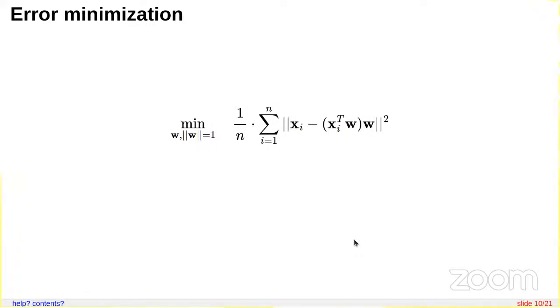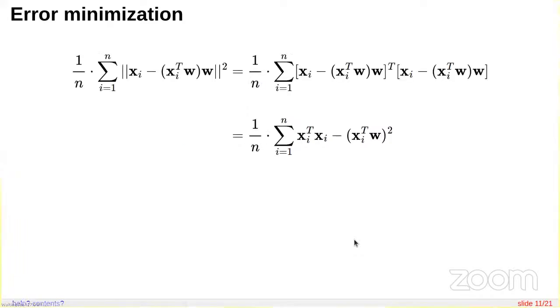Norm of something square is something transpose something, right? So that's what we are doing: this transpose this, xi minus xi transpose w, w transpose that. If you simplify, you will end up with an expression like this. Here xi transpose xi is a constant because we are minimizing with respect to w and not with respect to the data points.